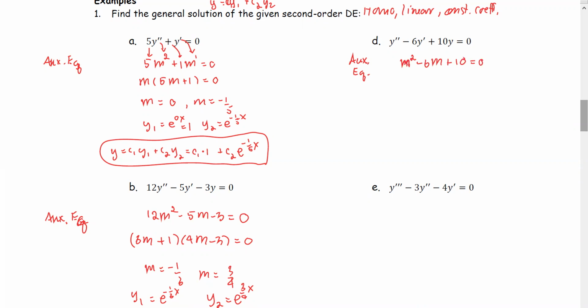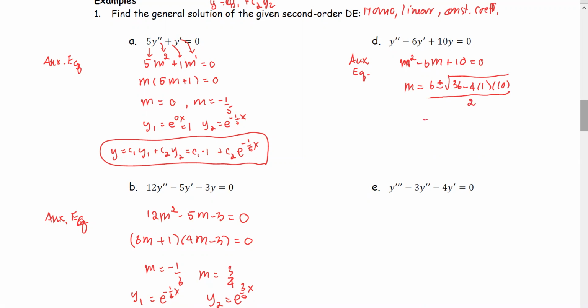This one is not factorable, so you can do either completing the square or the quadratic formula. So let's do the quadratic formula. m equals negative b plus or minus the square root of b squared minus 4ac, divided by 2 times a, which is 2.